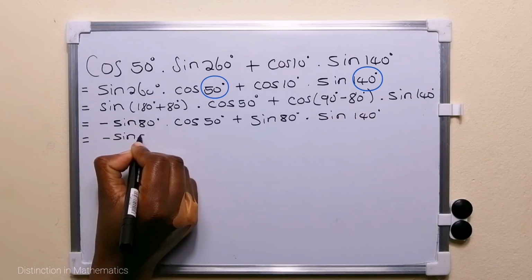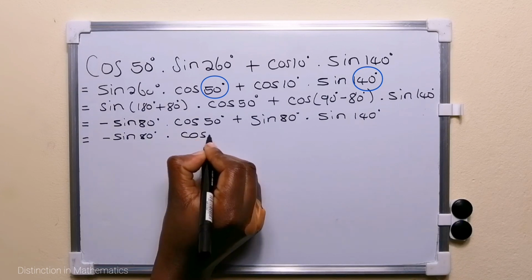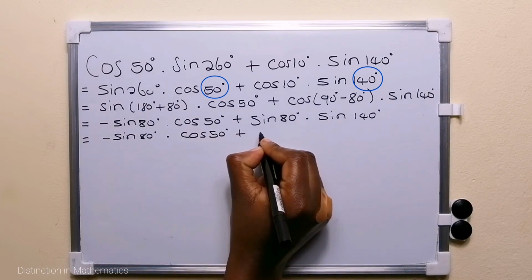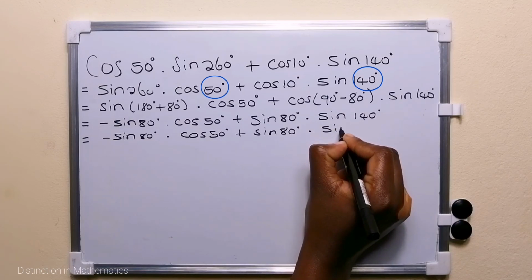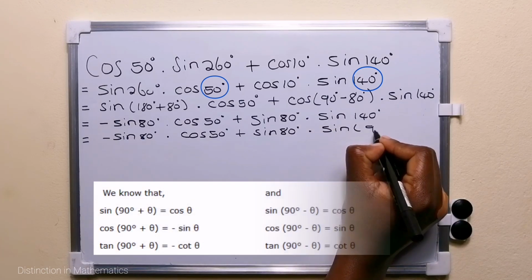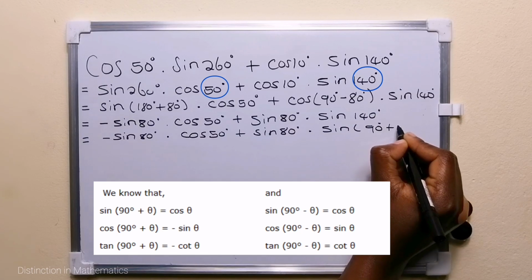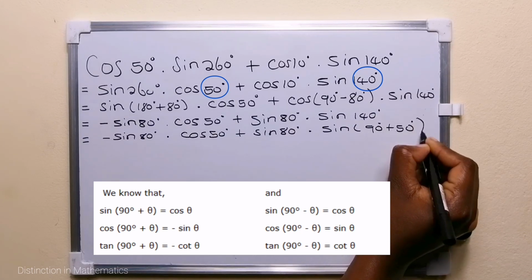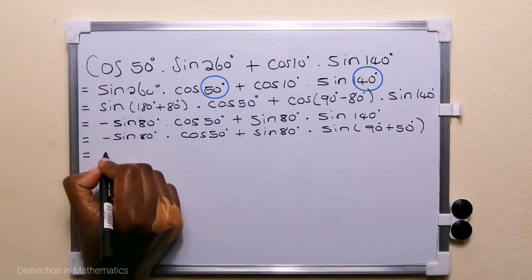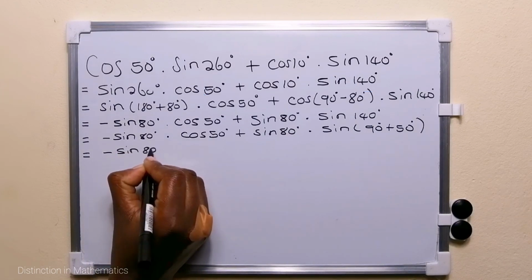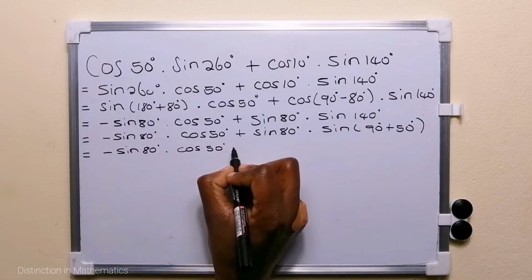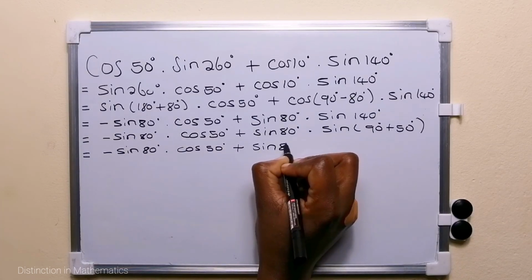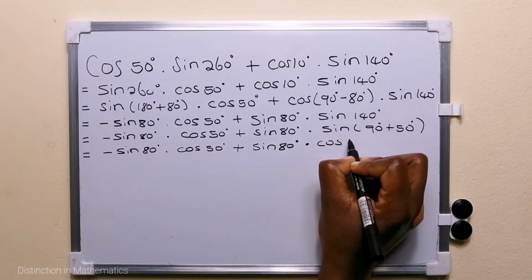Now we have to make these angles look the same, and to do that we will have to change 140 degrees to look like 50 degrees. So we will have sine 90 degrees plus 50 degrees. So sine 90 plus theta will give you a positive cos theta.